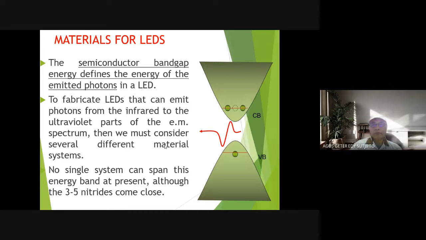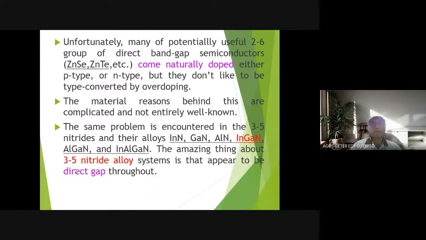So a light emitting diode can emit photons from the infrared to the ultraviolet of the electromagnetic spectrum. We can have different combinations of semiconductor elements.